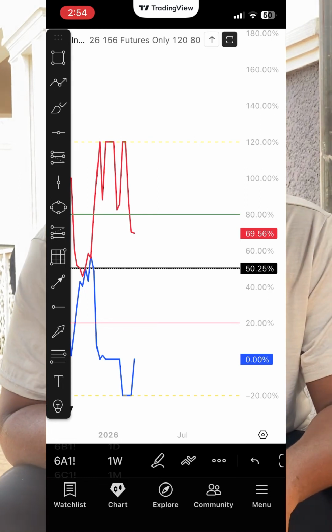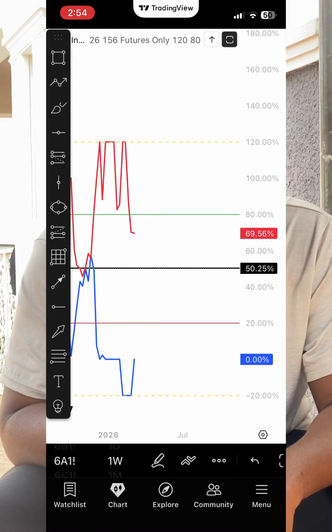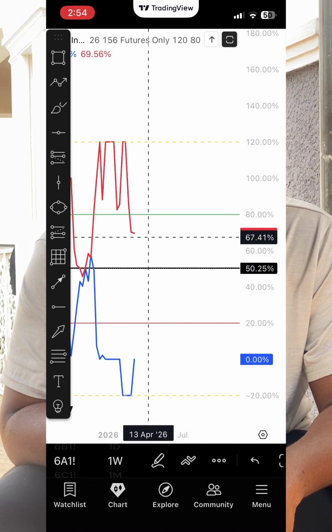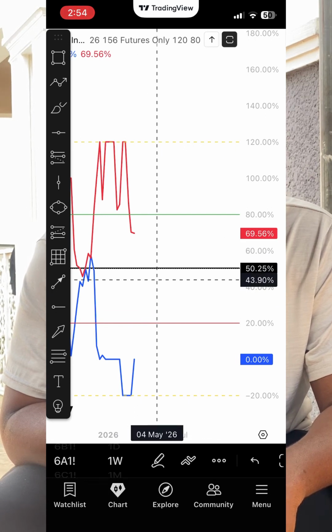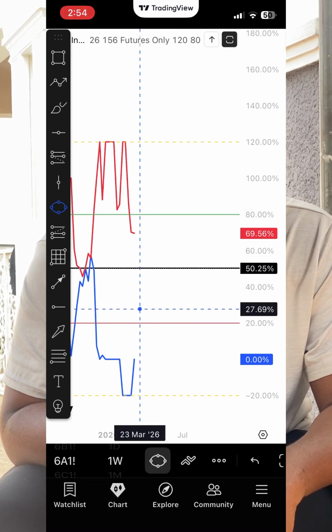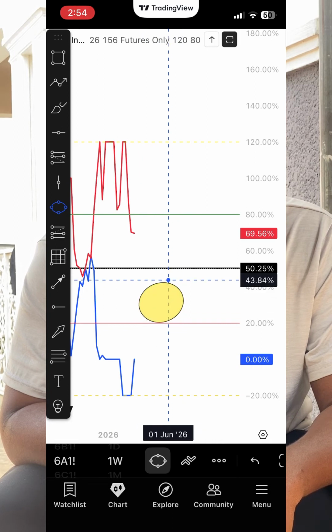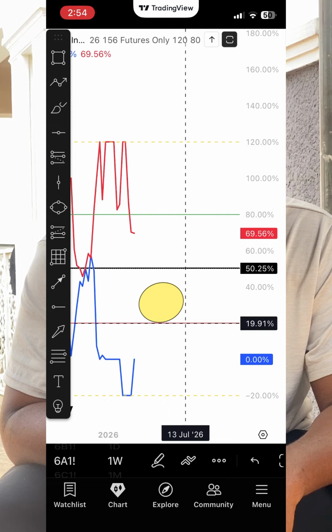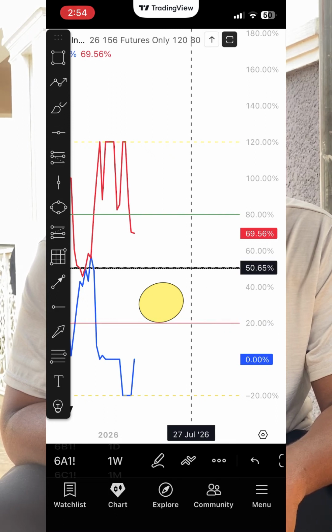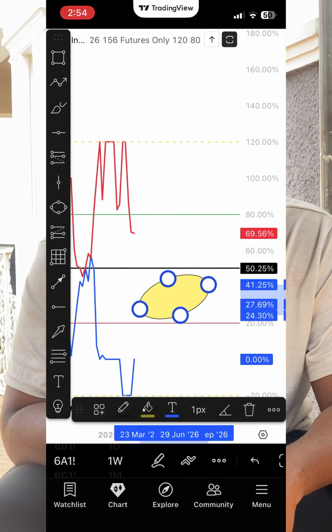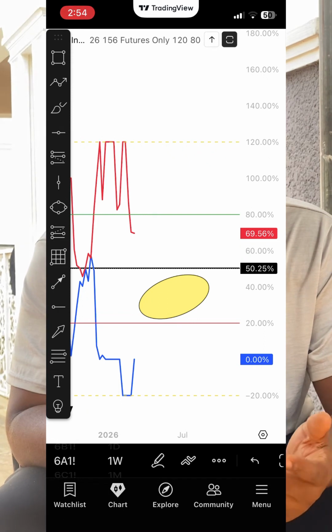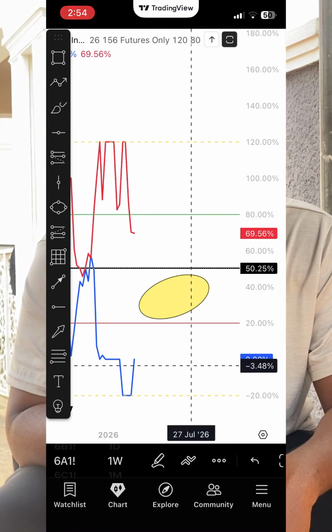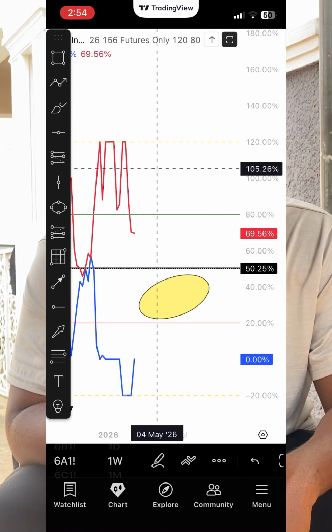So if the institutions are in this range between the extreme level of 20% and the middle point of 50, I might still consider taking a sell, especially if the retailers are above an extreme line.